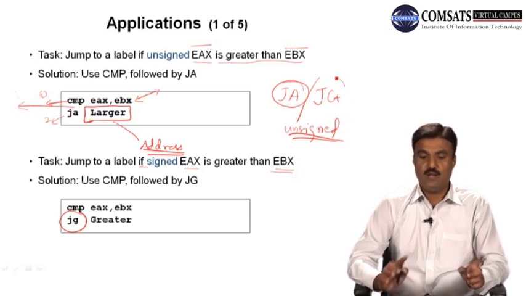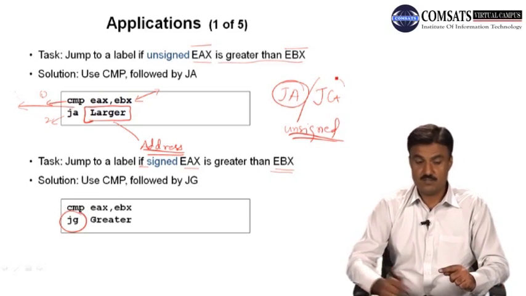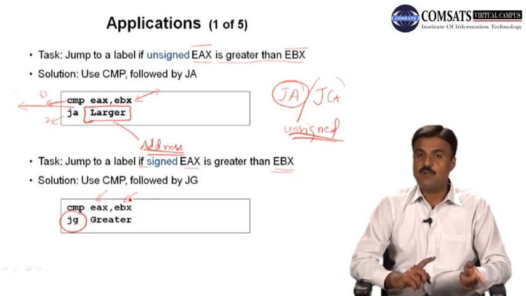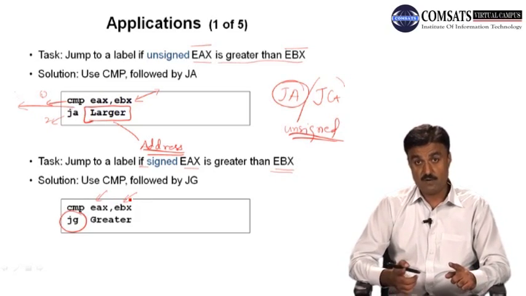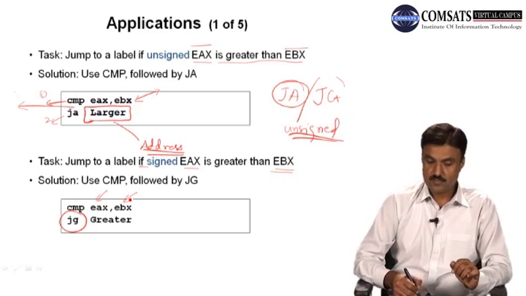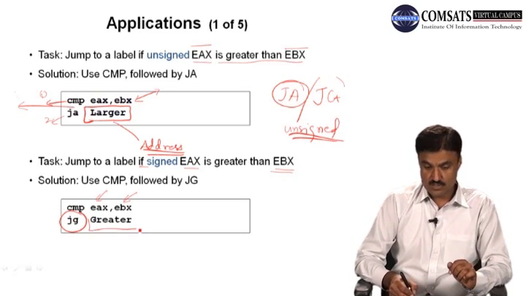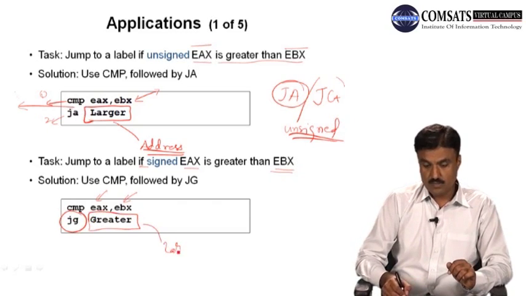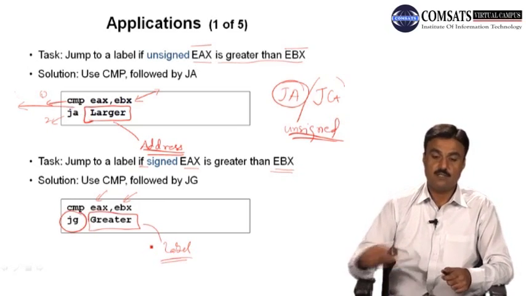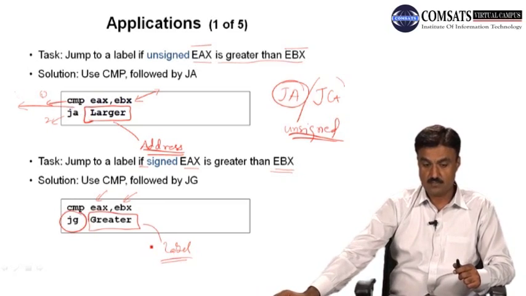They perform the jump when the left operand is greater than the right operand. This is the left operand, and this is the right operand. For signed values we use JG. So JG will jump to this label if the signed value of EAX is greater than the signed value of EBX, and so on.